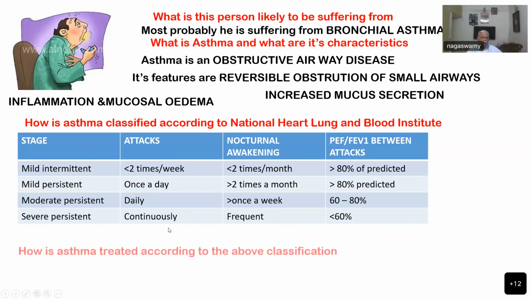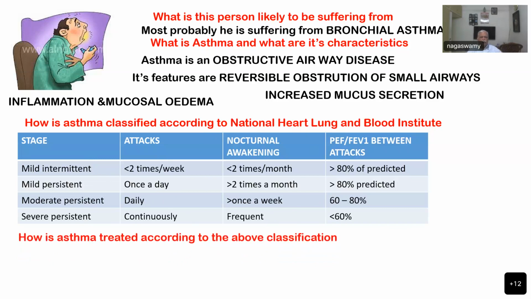Now the next question is, how is asthma treated according to the above classification? Supposing you ask the history, and a patient says I am an asthmatic for 15 years, and you classify them under these categories. Supposing there is no pulmonologist available, and nowadays we are trying to be perioperative physicians.